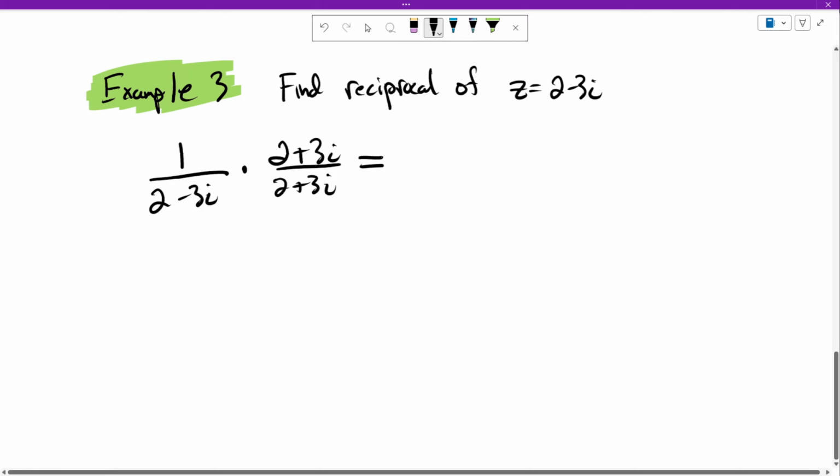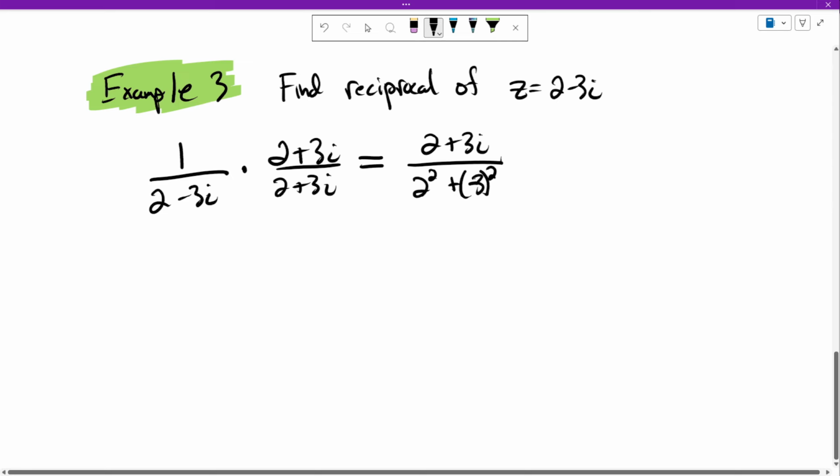All right. So let's carry out the complex arithmetic. So 1 times 2 plus 3i is 2 plus 3i. And then in the last video, we saw whenever you multiply a complex number by its conjugate, you square the real part, and you add that to the square of the imaginary part. And it doesn't matter if I put negative 3 in parentheses squared, like this, or positive 3 squared.